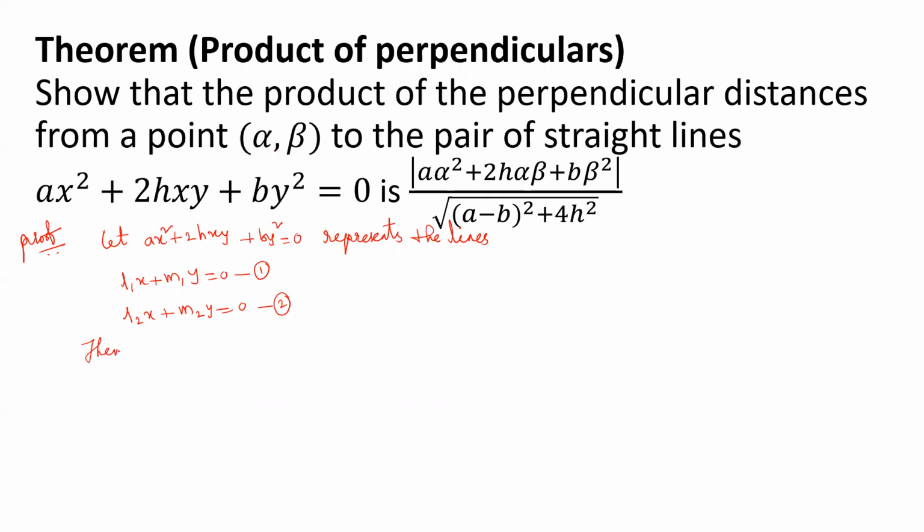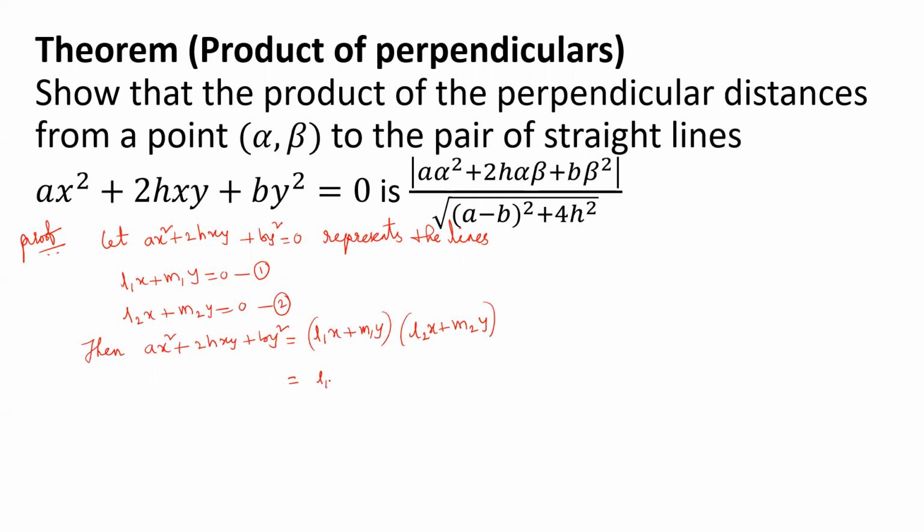Then take the product and equate to ax square plus 2hxy plus by square, which is equal to L1x plus M1y into L2x plus M2y. Multiply. Same like the cos theta theorem here also.